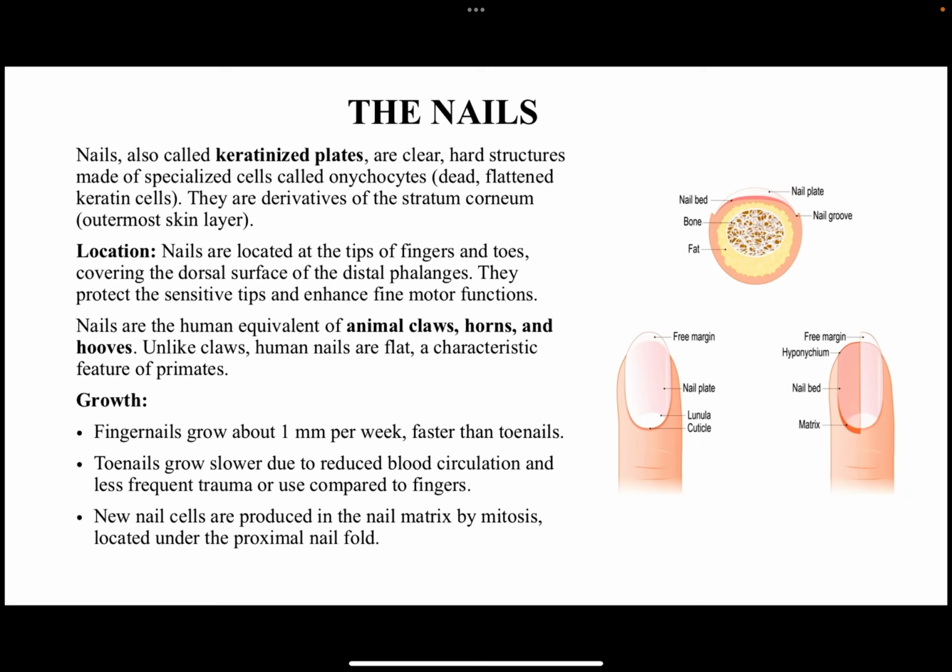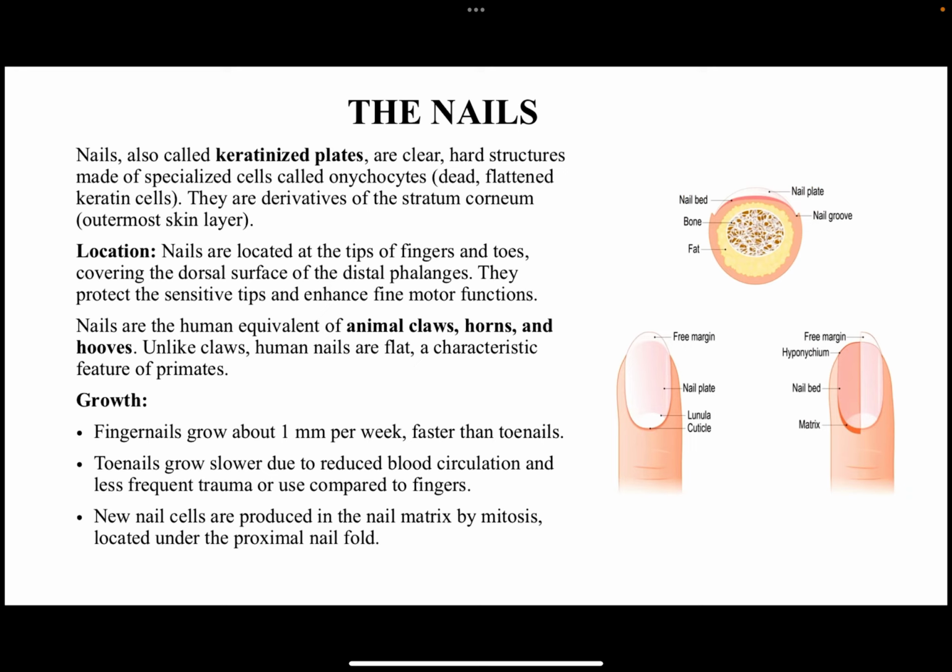Then we have the nail bed, which is the innermost part, and then the matrix of the nail. So we have the free margin. If the nails grow, that space that you see is the part that has crossed the real finger body. That is the free margin.